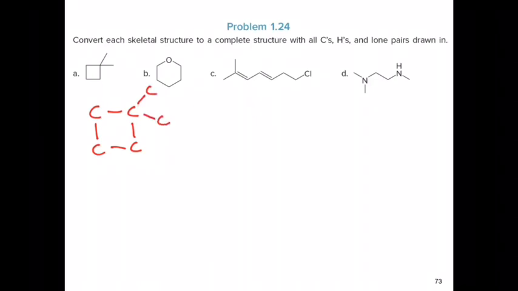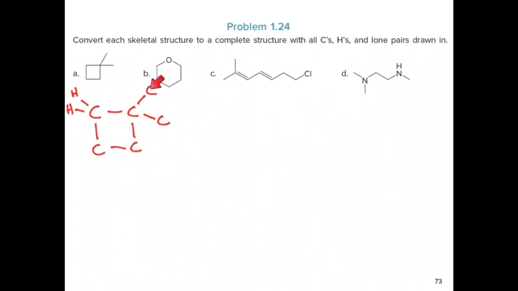And then now we have to put in all the hydrogen atoms to make sure that every single carbon atom is tetravalent. So let's start with this carbon up top on the left. It has 2 hydrogen atoms bonded to it. This carbon is already tetravalent, and so we don't need to add a hydrogen to it.